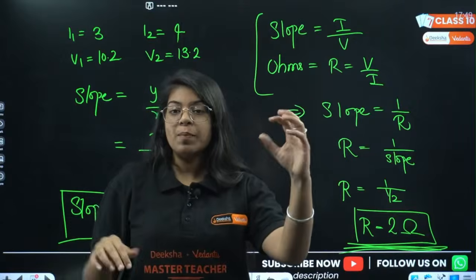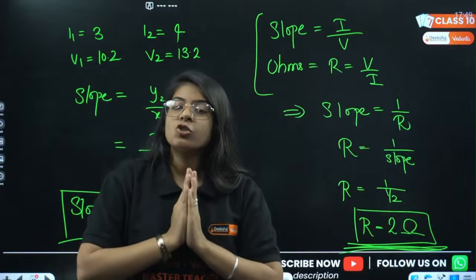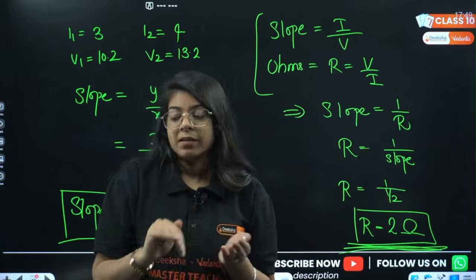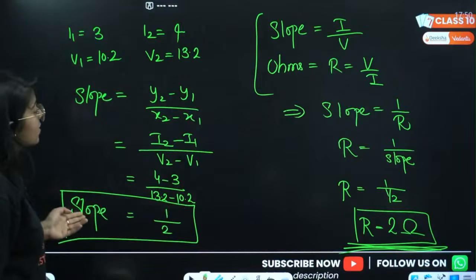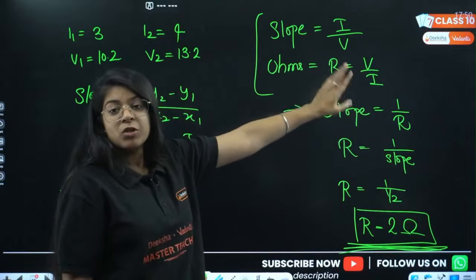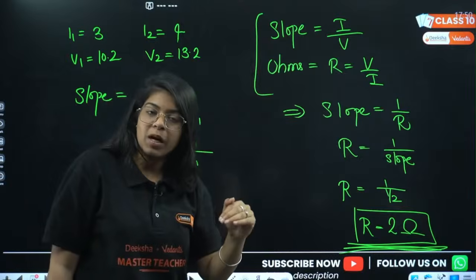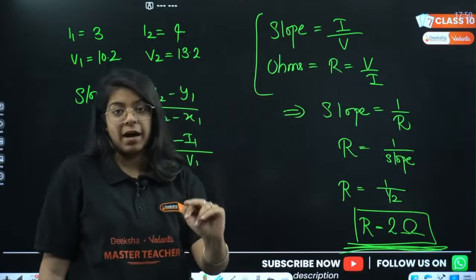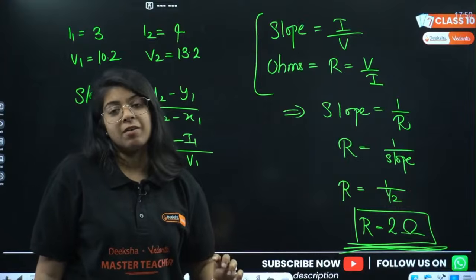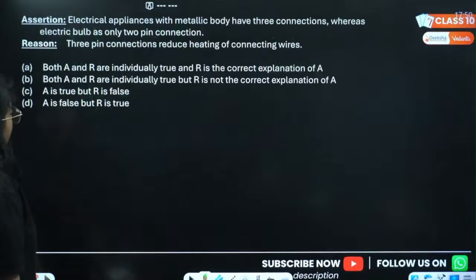If the slope is V by I like Ohm's law, then the slope is equal to R. But if the slope is I by V, like in this case, and R is V by I, then the slope is the inverse of R. Whatever slope comes, that will be the inverse of R. If slope 2 comes, R will be 1 by 2. If slope 1 by 2 comes, R will be 2. Understood? Okay, next question.